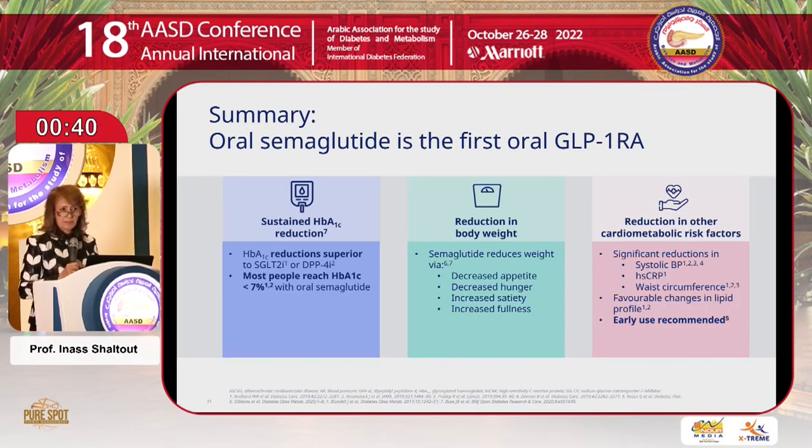In summary, let me finish with this slide. Oral semaglutide is the first GLP-1 receptor agonist taken by oral route, and it leads to sustained hemoglobin A1C reduction. It is superior to many oral anti-diabetic medications used for type 2 diabetes, with most people reaching hemoglobin A1C less than 7%.